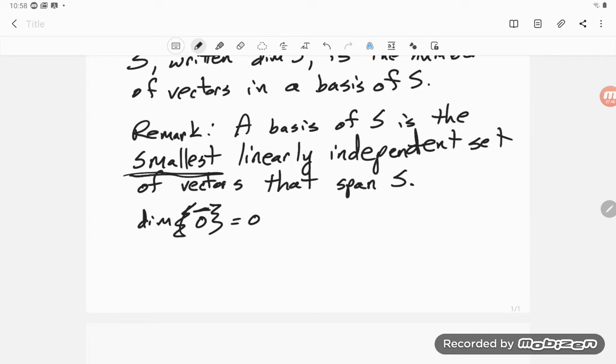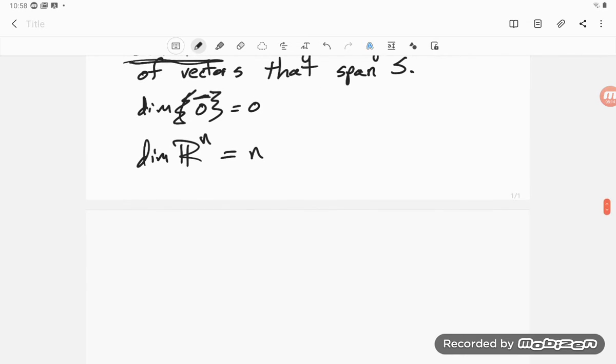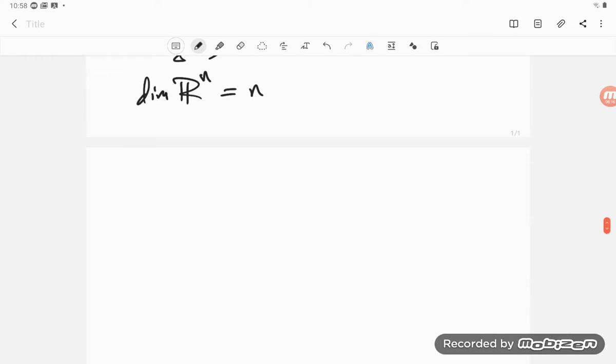But we don't have a basis for it, so it's an empty sort of thing. And so we have things like the dimension of Rn is n, because the standard basis for Rn would be n vectors.